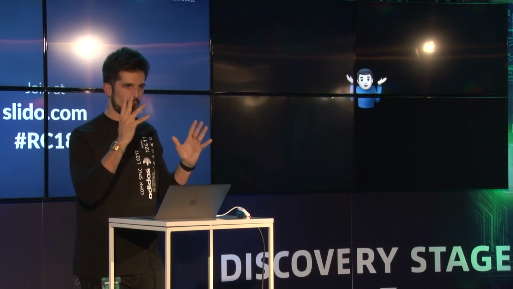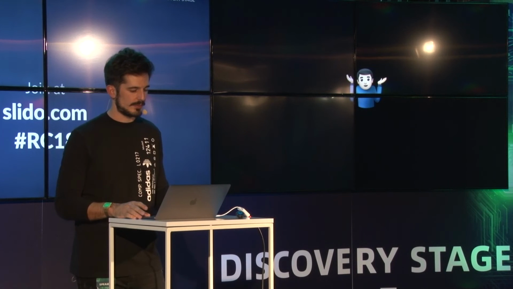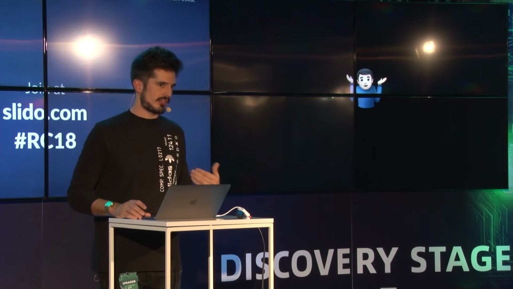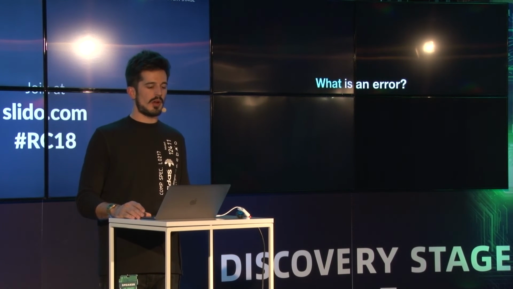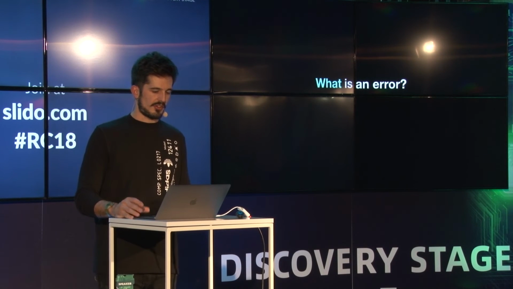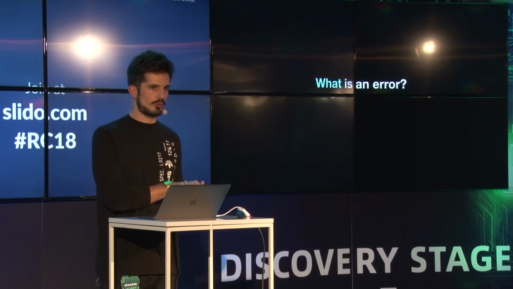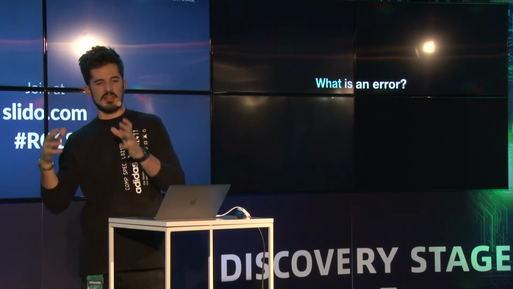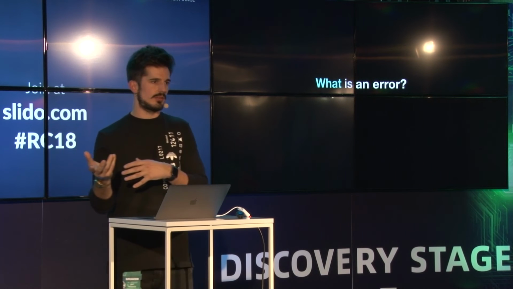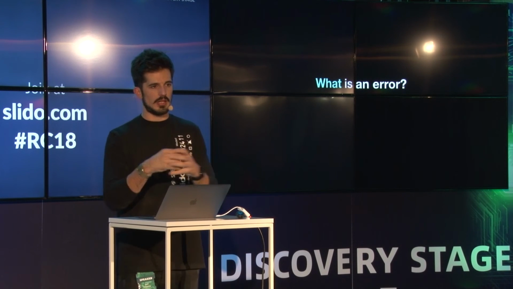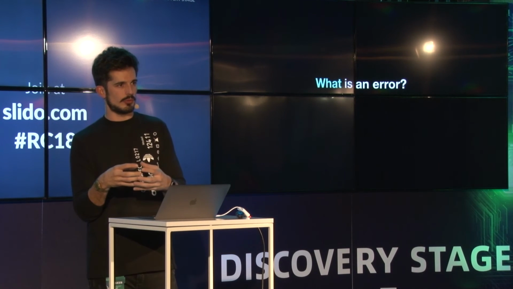We just throw it away and hope somebody catches it. That led us to the next question, which is, what is an error? An error is actually the result of an operation. We are very used to an adding operation, and we expect the result to be the addition of those values.